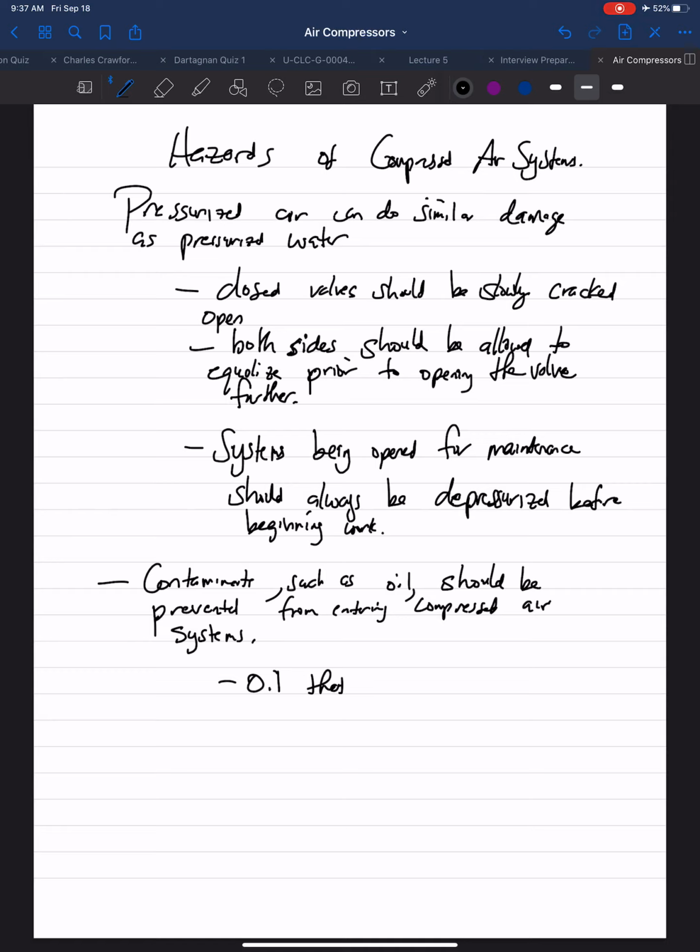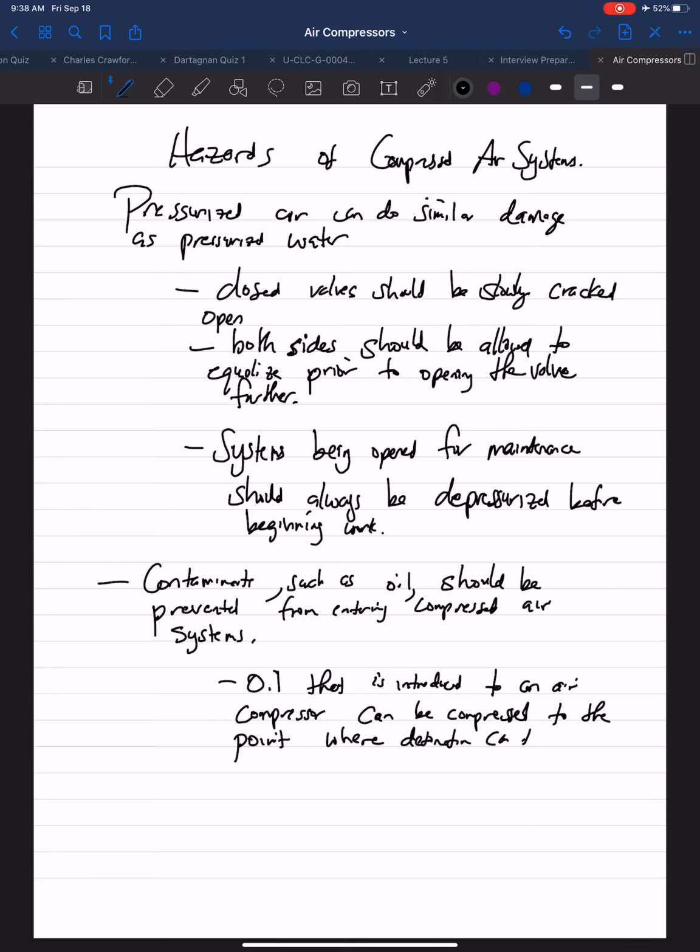Oil that is introduced to an air compressor can be compressed to the point where detonation can take place.